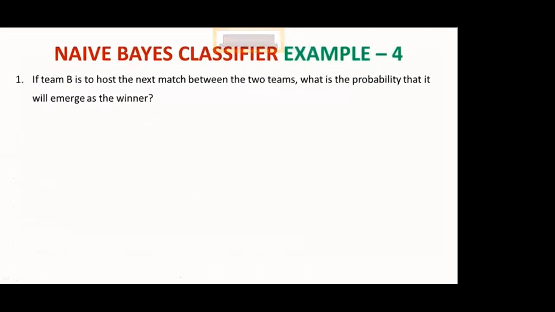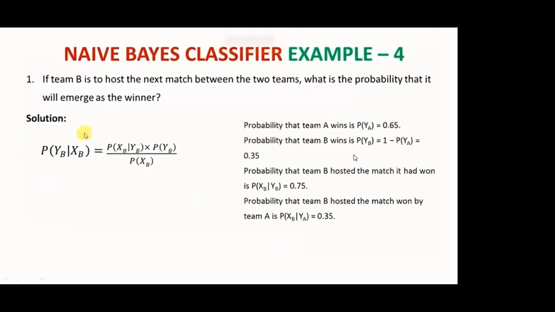So the first probability we need to find out: the probability that team B hosted the match and it had won. This data we know, P of XB given YB is 0.75. The probability that team B hosted the match and A has won, this also we know, 0.35. But we need to find out the probability that team B is winning the next match hosted by itself.